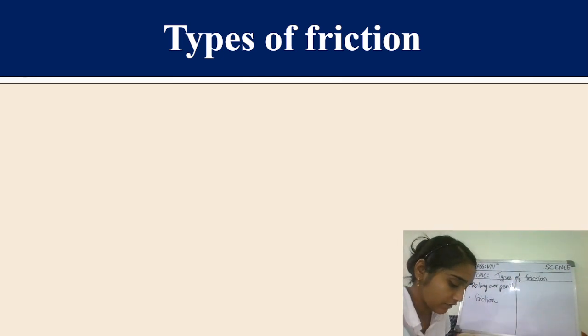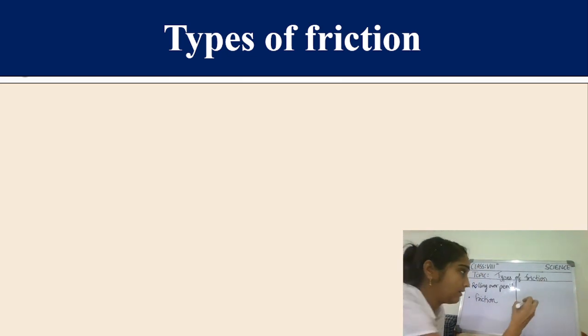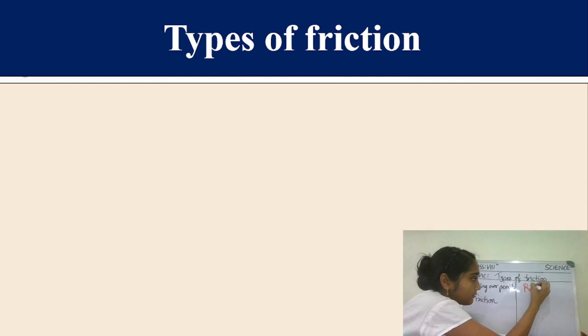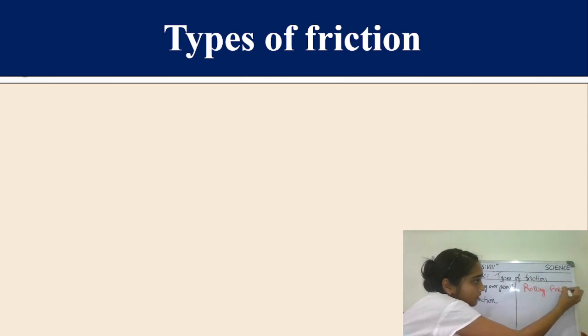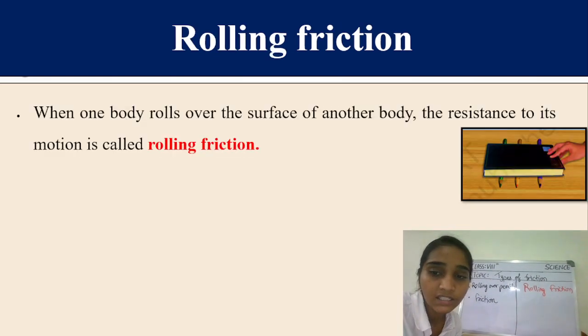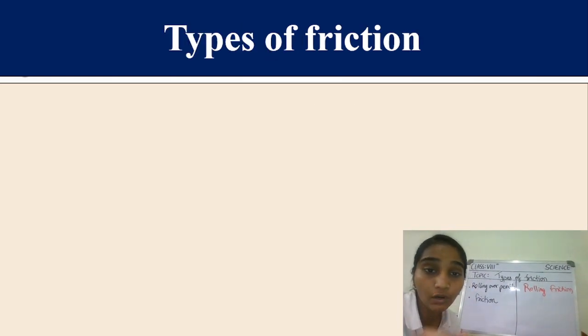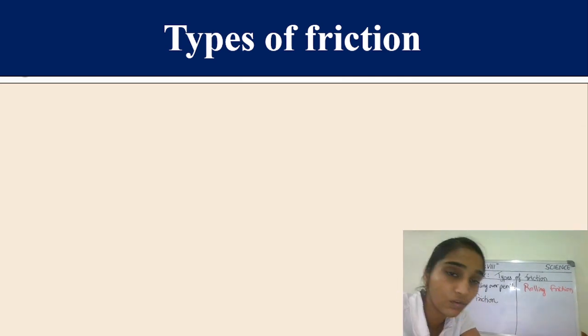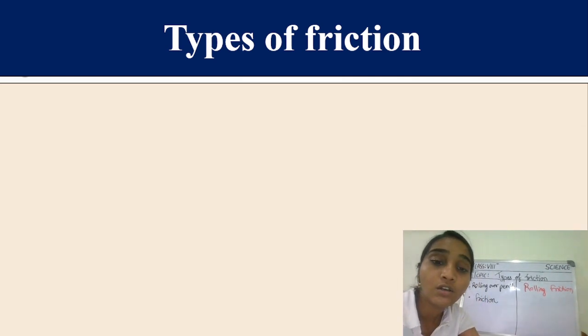Okay. So the first type we are discussing is the rolling friction. Very good students. What if you have to define rolling friction in your own words, the first type of friction? How will you define it?